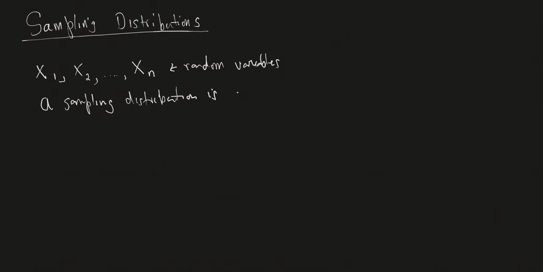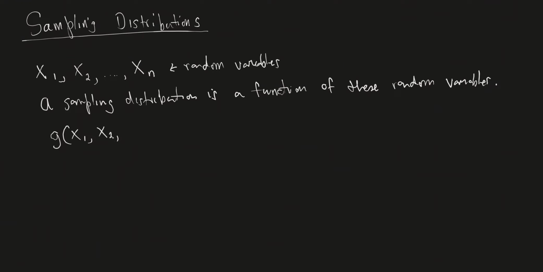It is a function of these random variables. So it's something like this. I'll just call it G, and then it's of x1, x2, ... xn. So this is the very generic way of defining a sampling distribution.